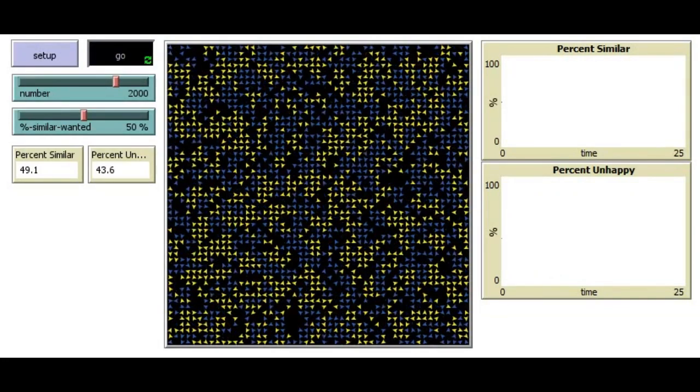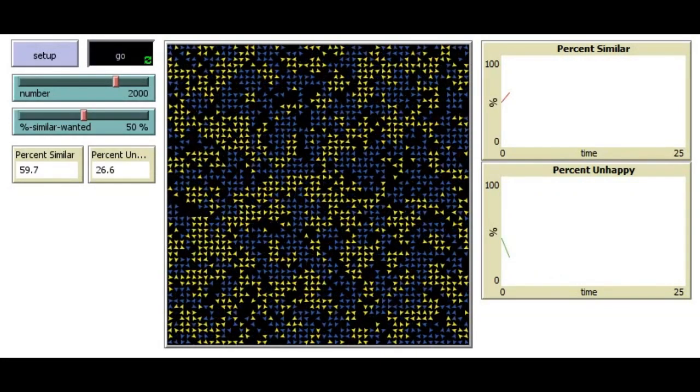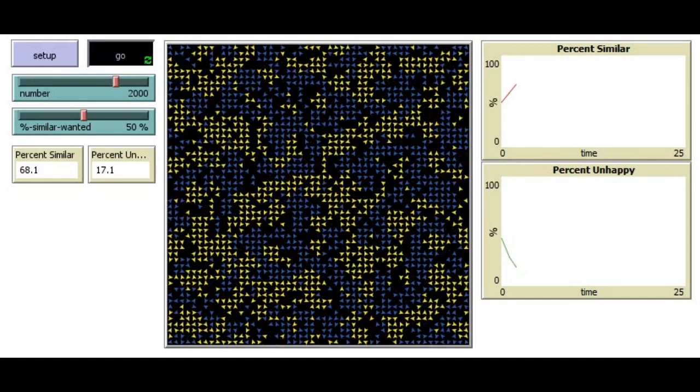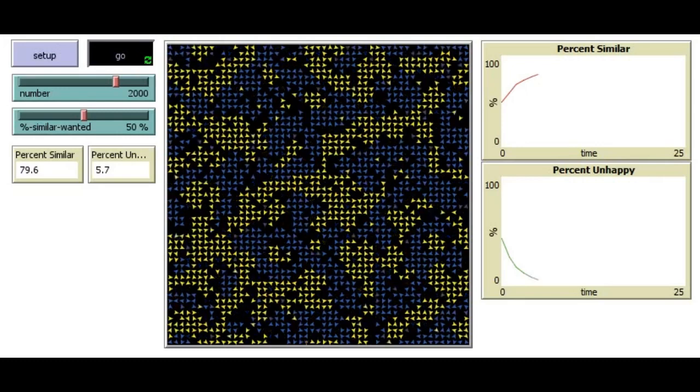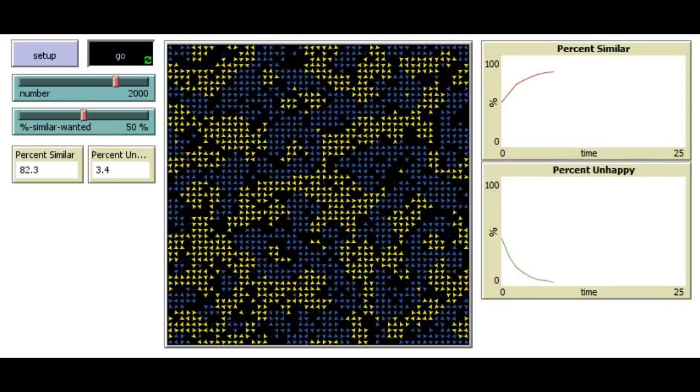With higher satisfaction levels, it takes longer for everyone to be happy, and the outcome is almost complete segregation, with segregated areas surrounded by unoccupied properties. Segregation is not a consequence of people only being happy when everyone around them is like them. Segregation is an emergent property of rational behaviour by reasonable people.